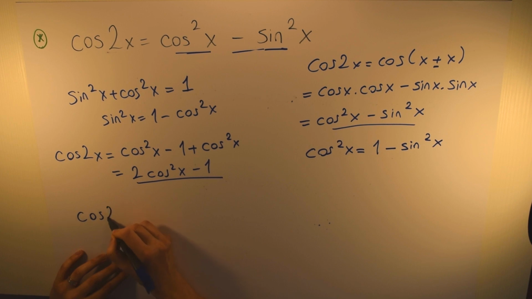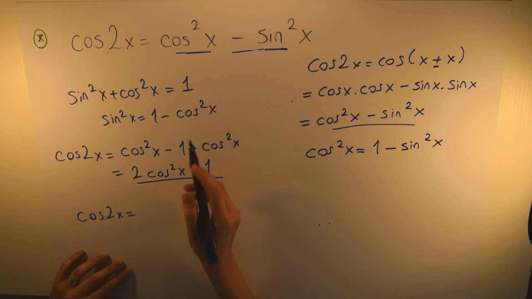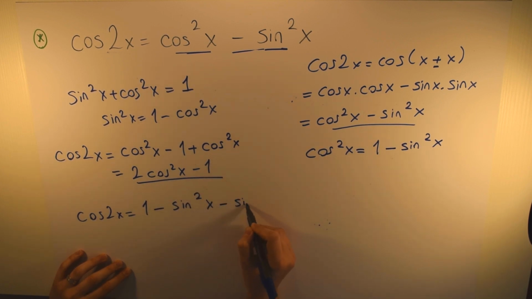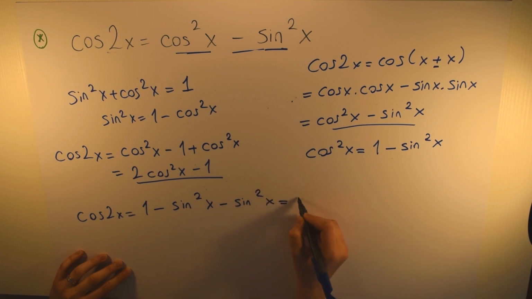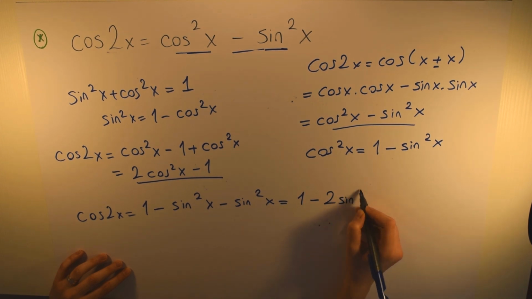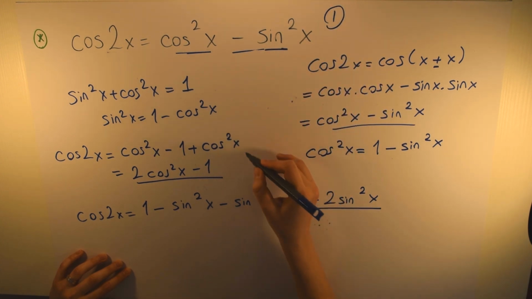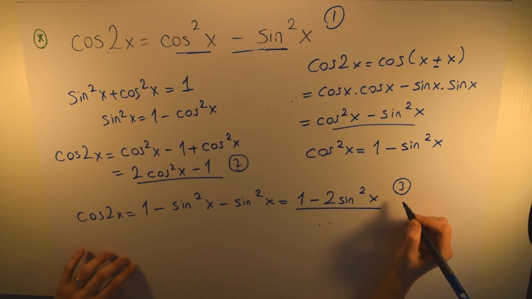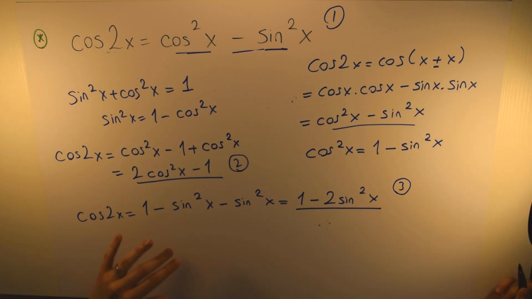Then cosine 2x will be, instead of this I will put 1 minus sine square x minus sine square x, which is equal to 1 minus 2 sine square x. You see, this is your first formula, this one is the second, and this one is the third. It's all up to the question. It depends on the question. Whichever is easier for you, you can choose one of these.